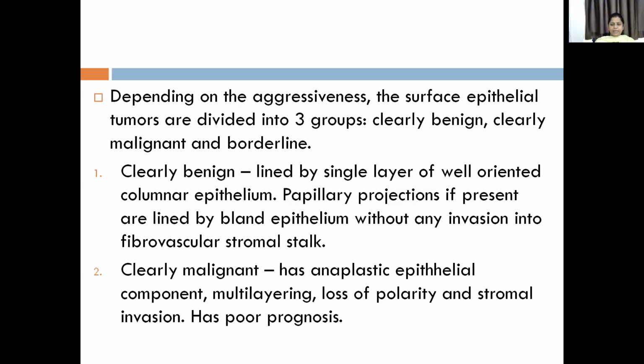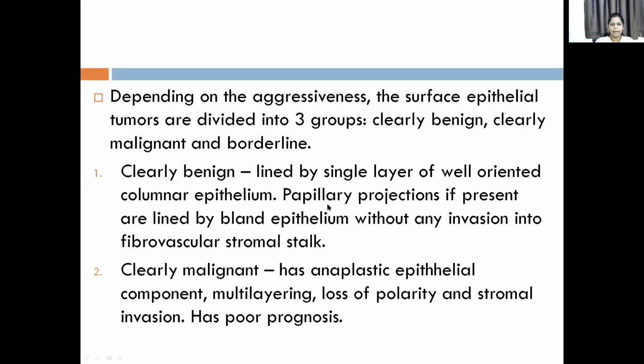Depending on the aggressiveness, the surface epithelial tumors are further divided into three groups: clearly benign, clearly malignant, and an in-between group called the borderline. When you call it clearly benign, the tumor is lined by a single layer of well-oriented columnar epithelium.